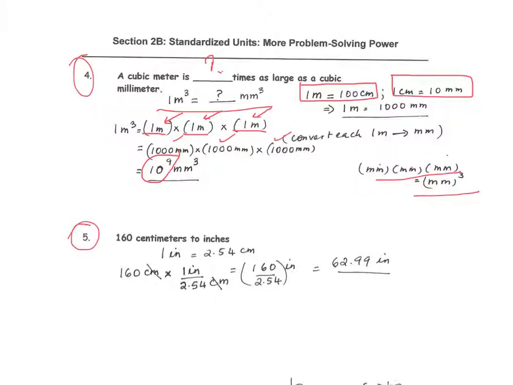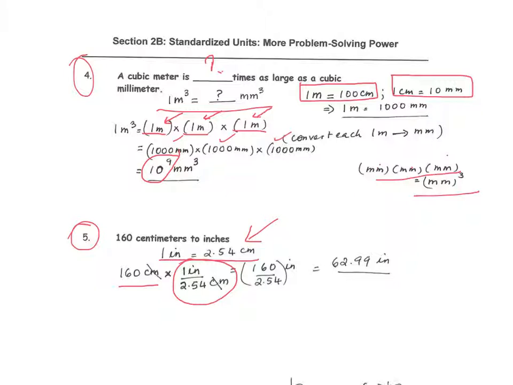The next problem, 160 centimeters to inches. So first of all, we need a conversion equation. 1 inch equals 2.54 centimeters. 160 centimeters is what we start with. We multiply with the fraction we get from the conversion equation: 160 centimeters times 1 inch over 2.54 centimeters.